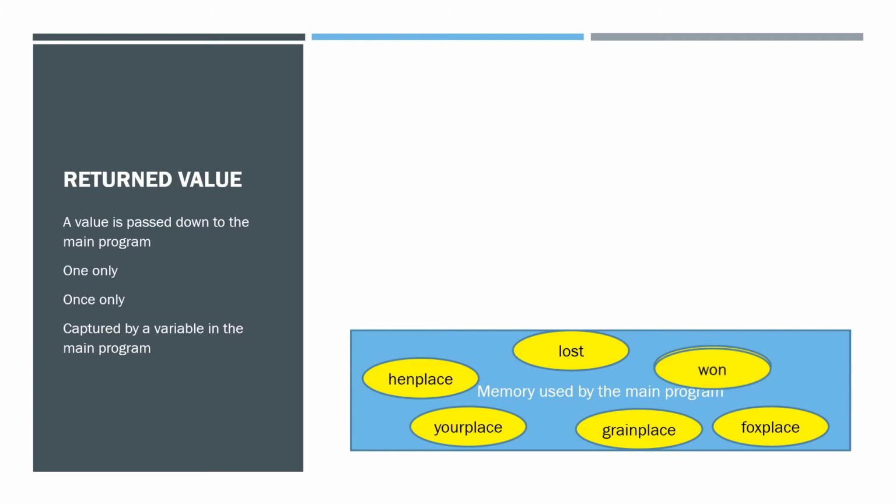And the returned value must be captured by a variable in the main program. And did you notice that if a procedure returns a value to the main program, we don't call it a procedure, we call it a function. So let's see how we'd make that happen in our code.